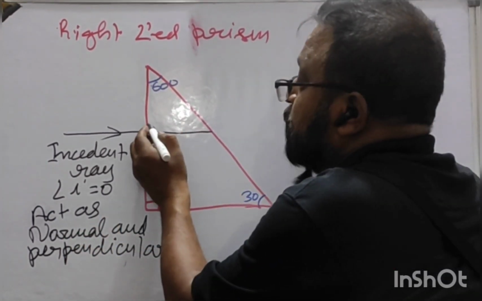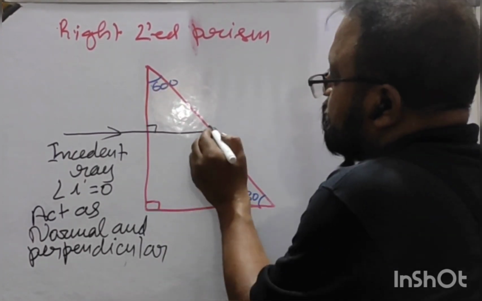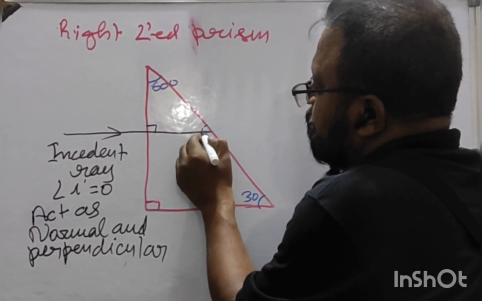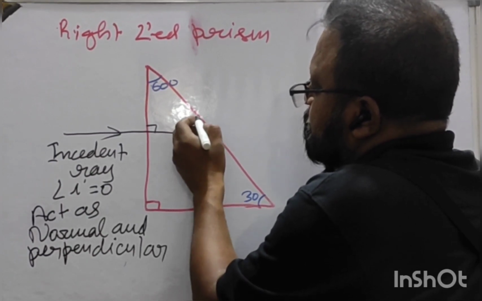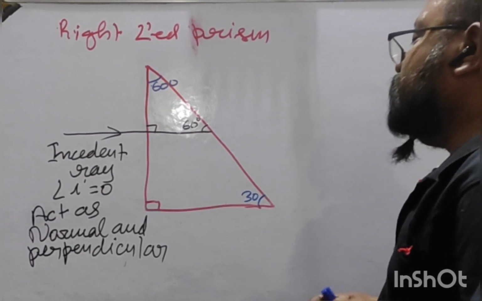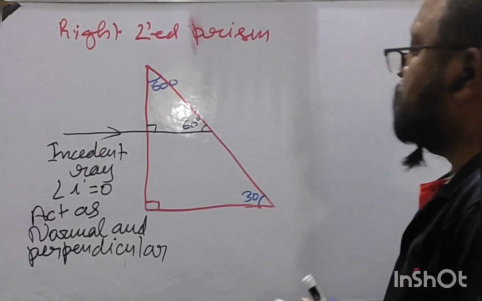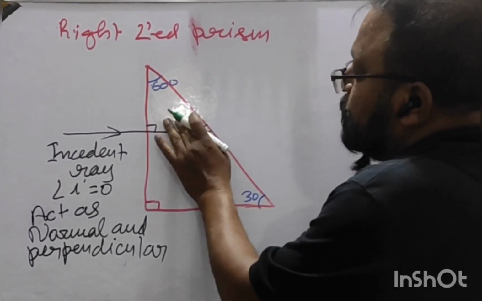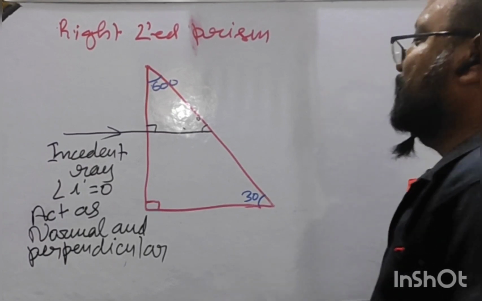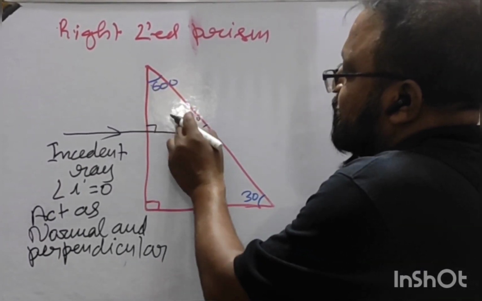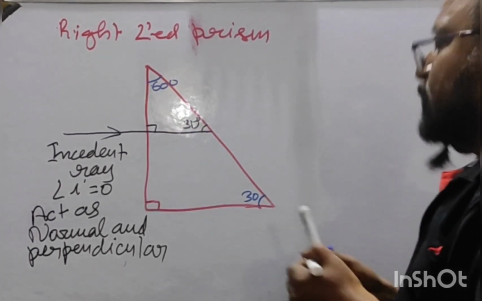So this is of 90 degree. When this is 90 degree and this is 60 degree, this angle will be... Oh no, it's not 60 degree, man. How can you say it is 60 degree? When this is 90, this is 60, this is 30. This is 30 degree, right?